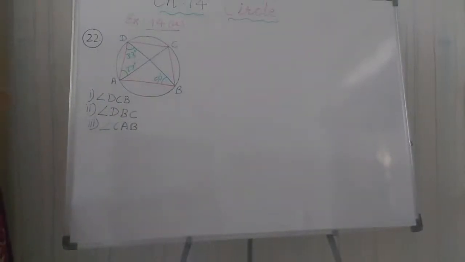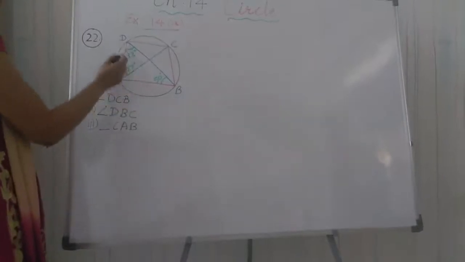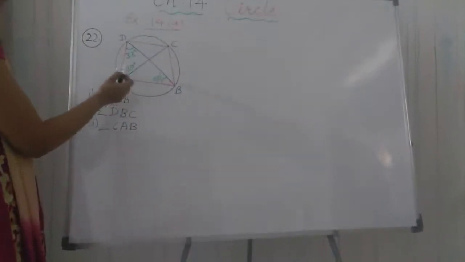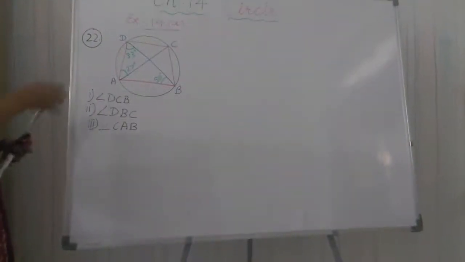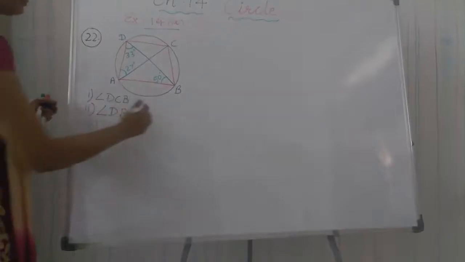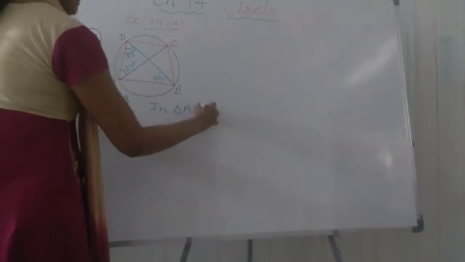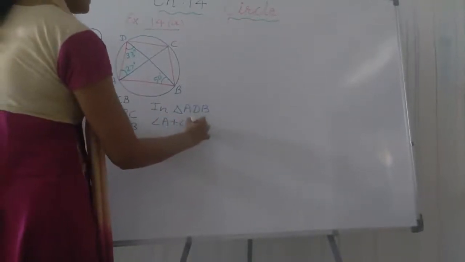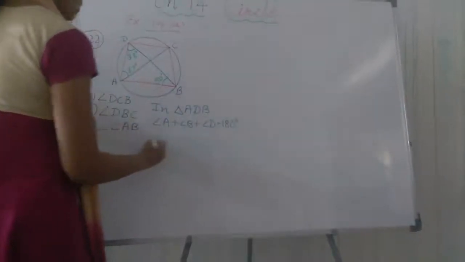So first of all, students, we talk about this BAD angle. Here in this triangle ADB, you see two angles are known, so we can find the third angle. So I am writing here in triangle ADB, angle A plus B plus D is equal to 180 degree using angle sum property.